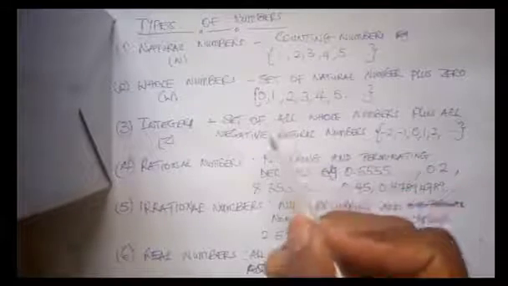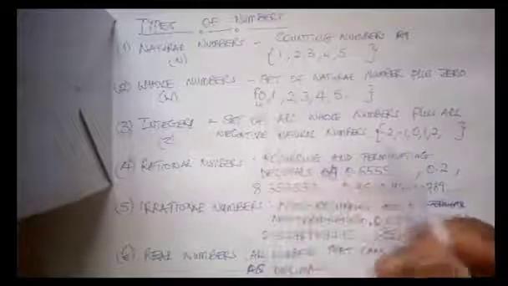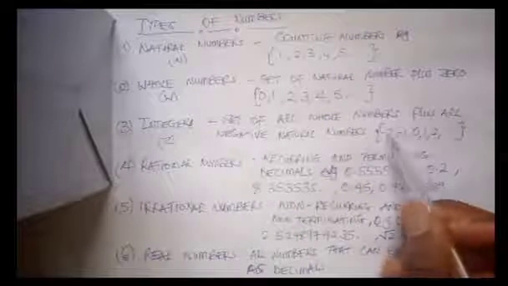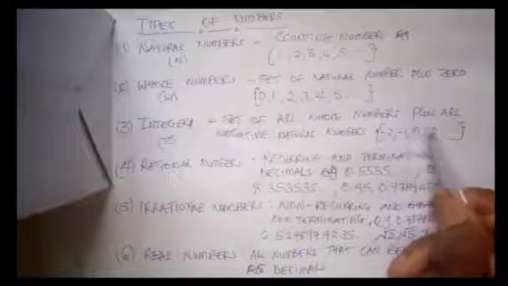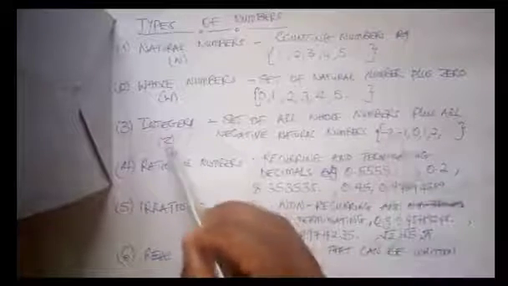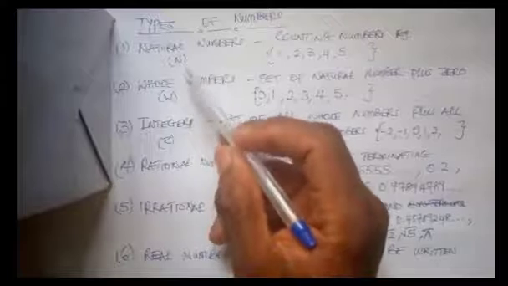Integers are the set of whole numbers plus negative natural numbers. So when you have whole numbers, but you still have the negative part added to it, observe the difference. You have negative numbers added to the whole numbers to make up integers, denoted by Z. The previous one was denoted by W, and natural numbers denoted by N.